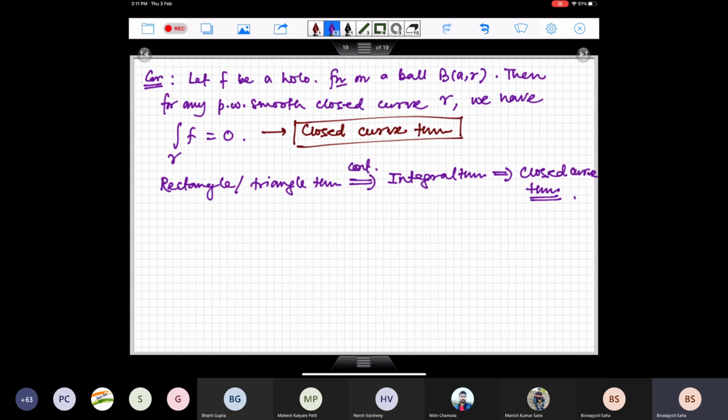So as I said, we are proceeding towards writing down the power series expansion of holomorphic functions. There are several steps. Now that we have understood the rectangle theorem, integral theorem, and closed curve theorem, we are going to take one step further.